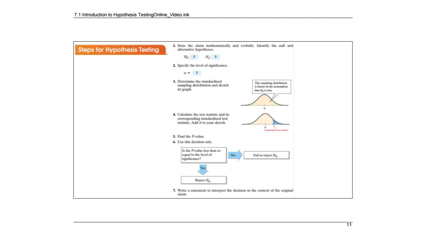At that point, we figure out if we have a left tail, a right tail, or two tails. Then we let StatCrunch find the p-value for us and compare the p-value versus alpha to decide whether to reject or fail to reject the null hypothesis. Finally, at the end, we talk about the claim. All right, that's enough for 7.1.